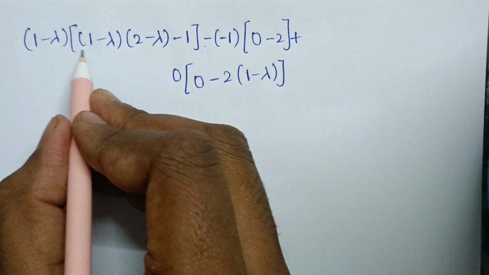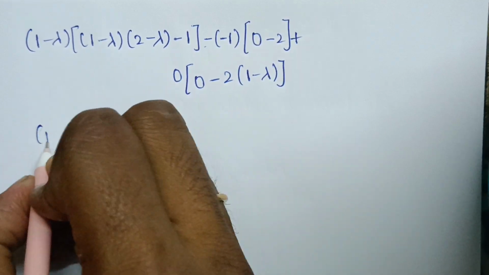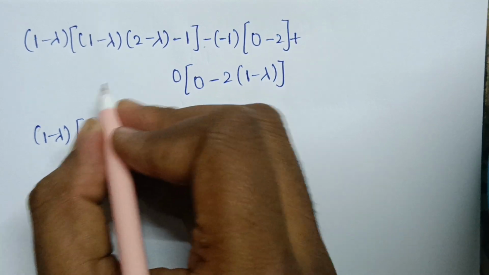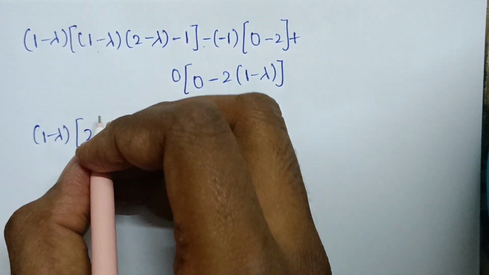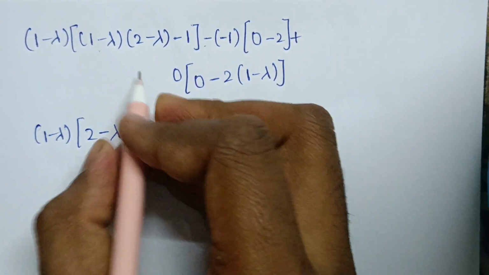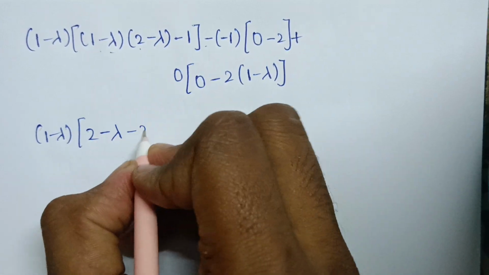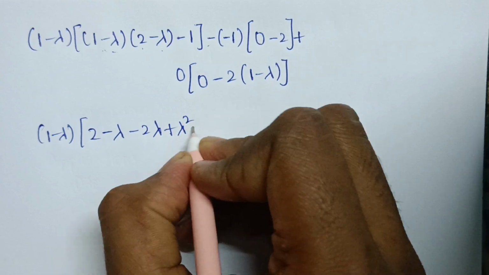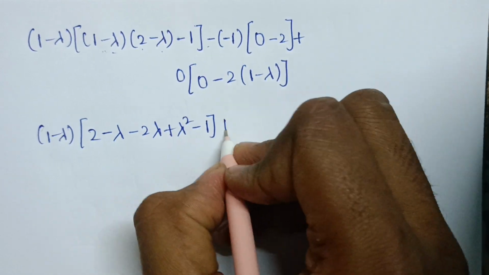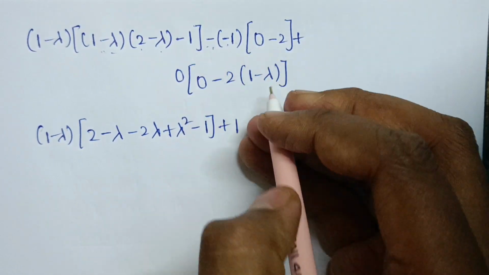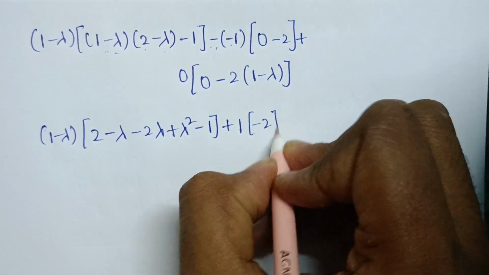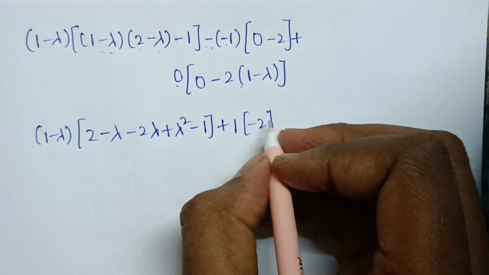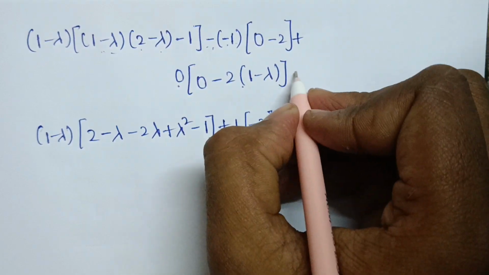Now we should simplify this. 1 minus lambda into, 1 into 2 is 2, 1 into minus lambda is minus lambda, minus lambda into 2 is minus 2 lambda, minus lambda into minus lambda is plus lambda square, plus 1 into minus 2. And 0 multiplied by anything is 0, so we leave that term, is equal to 0.